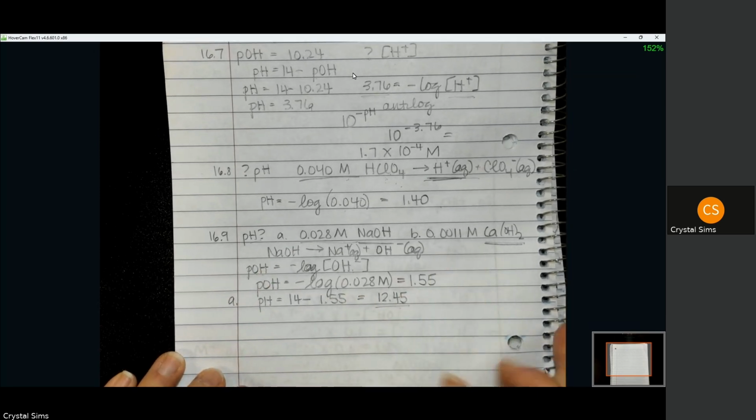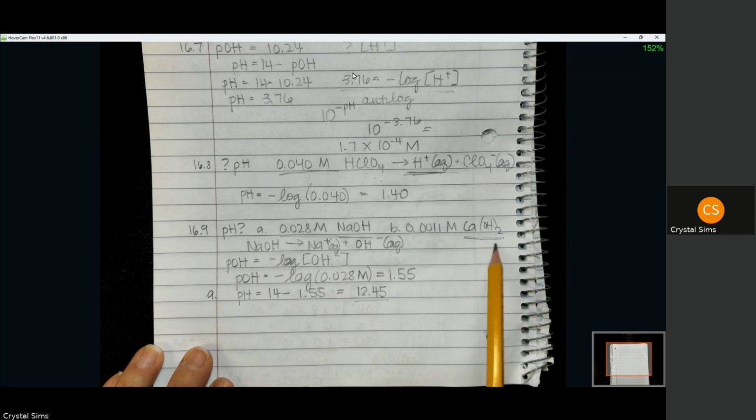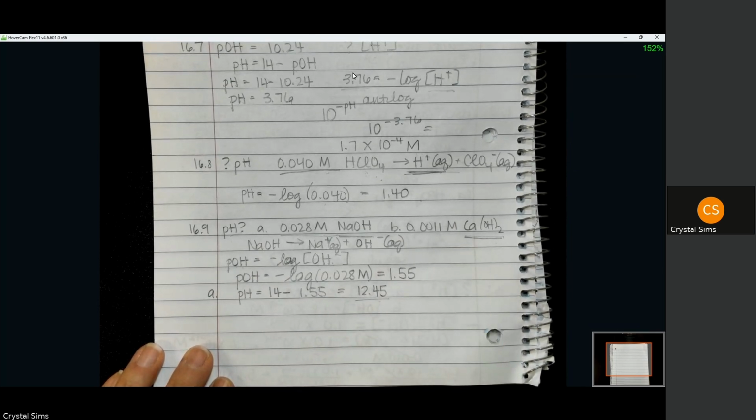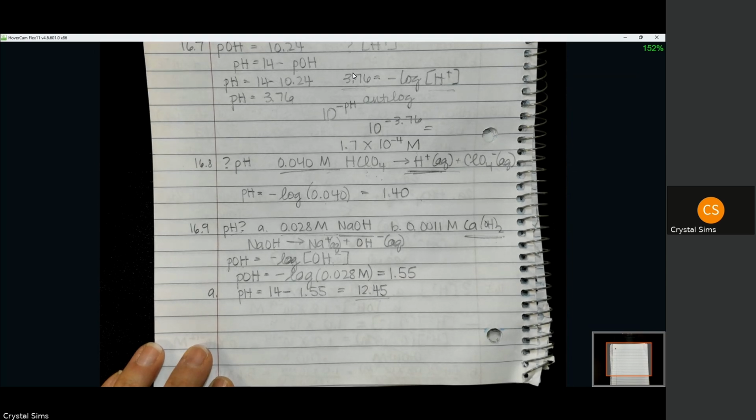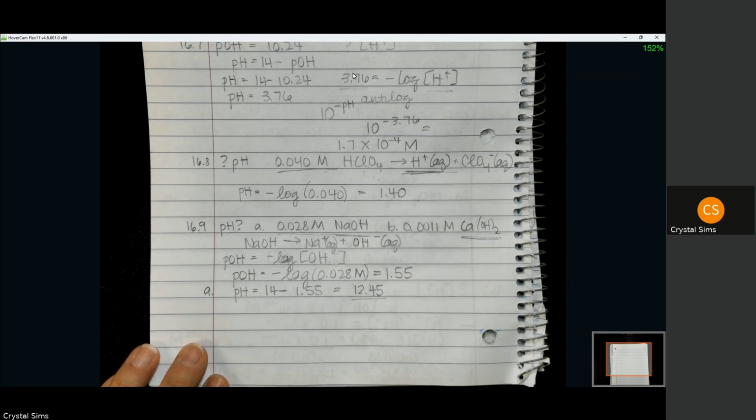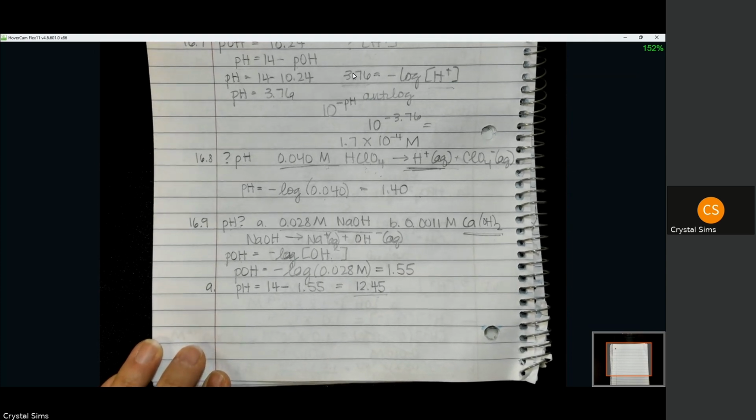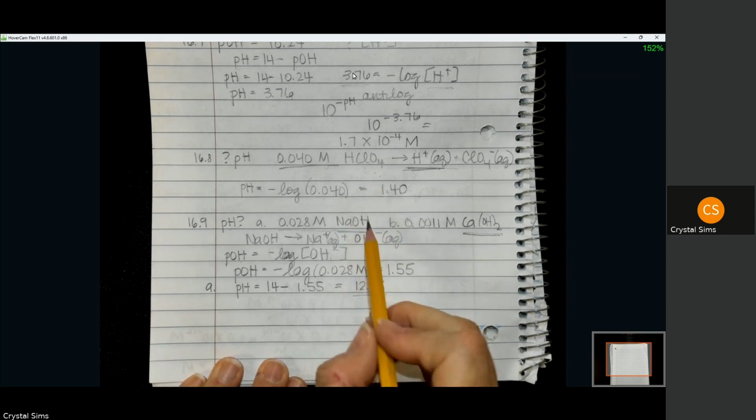Now, B, we have a different solution. We have calcium hydroxide. So it is a strong base. It's one of the heavier alkaline earth metals. So it will also completely dissociate in water. But here's where we differ.